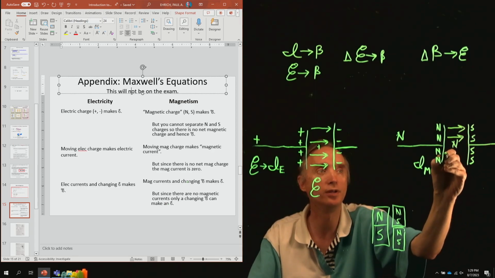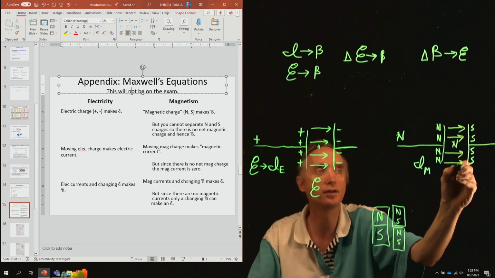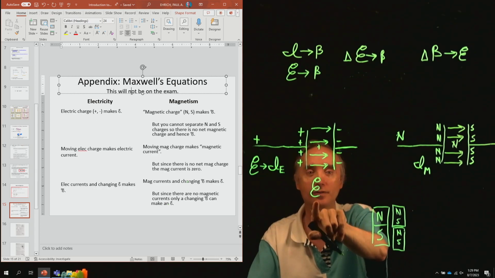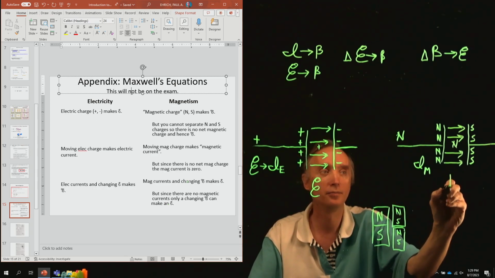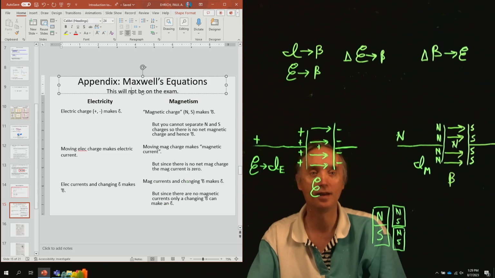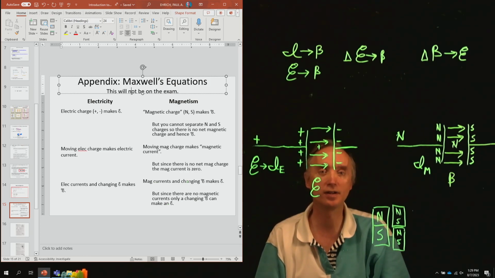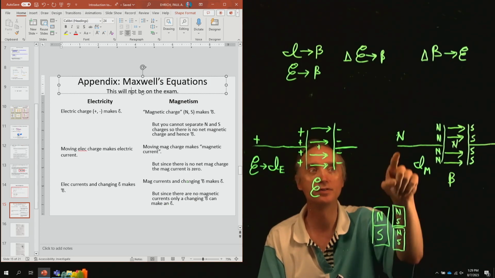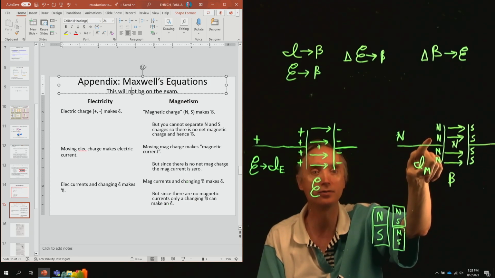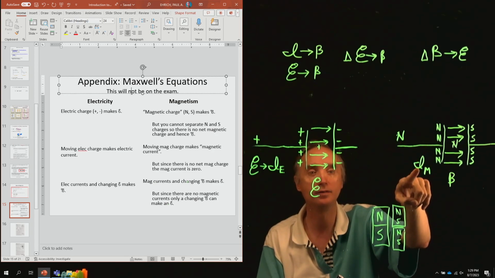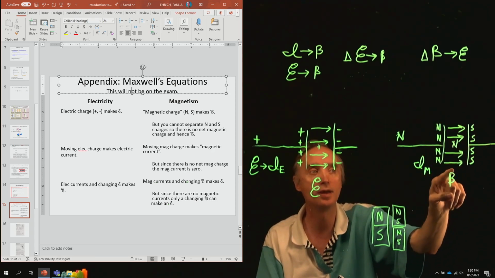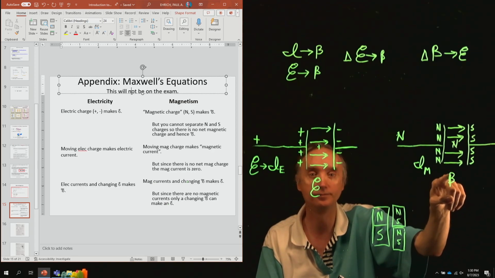So this time we would get a field inside the capacitor, but it would not be an electric field, it would be a magnetic field. And so the first statement there says that magnetic charge makes the magnetic field. So the movement of magnetic charge, north poles, makes a magnetic current, and these north and south magnetic poles make the magnetic field in there.